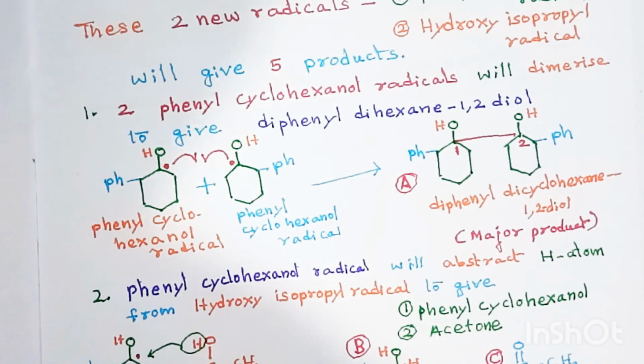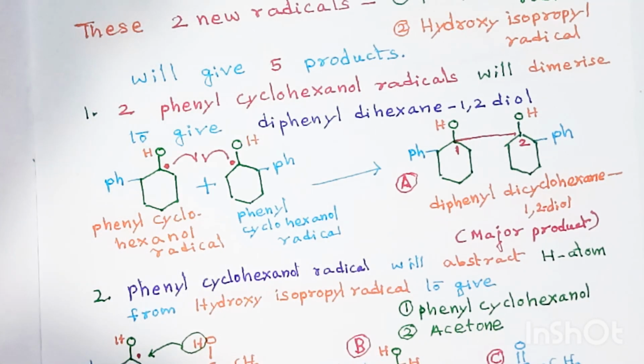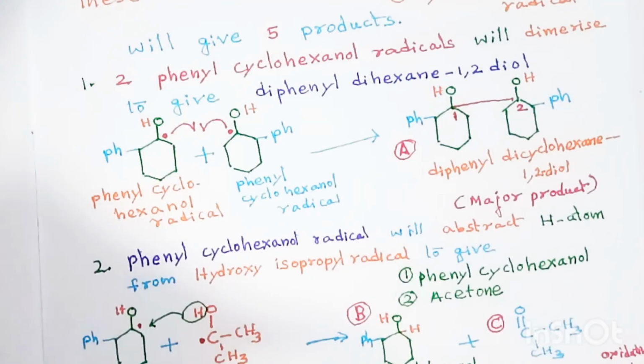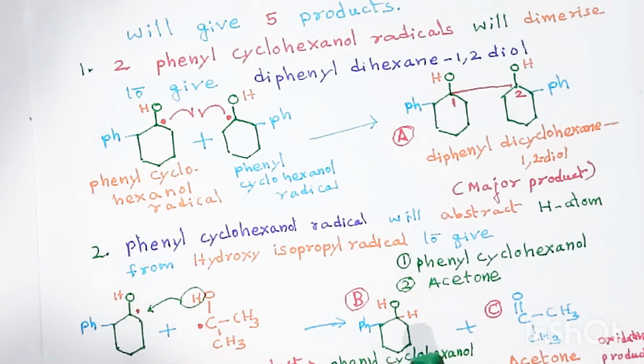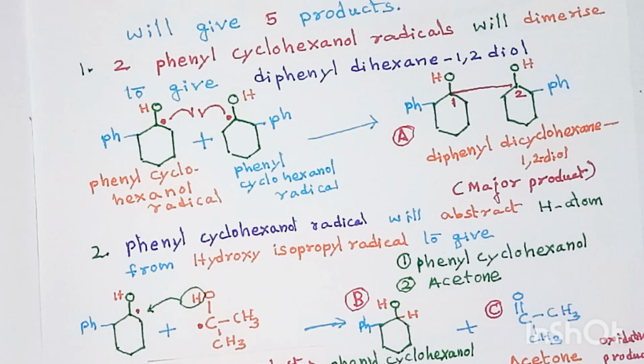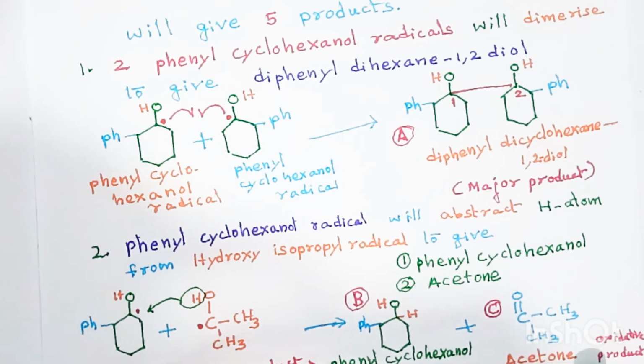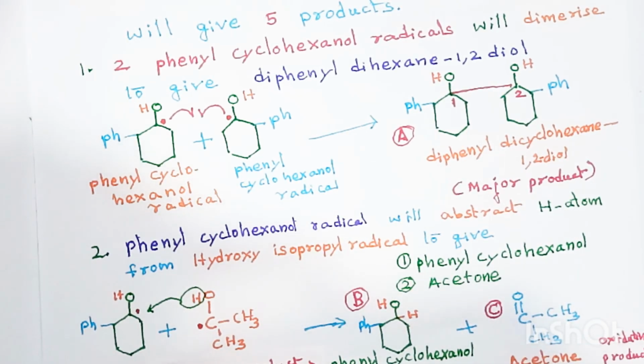This is an oxidative product, whereas phenyl cyclohexanol is a reductive product because it is receiving a hydrogen atom. So phenyl cyclohexanol is a reductive product, whereas acetone is the oxidative product.